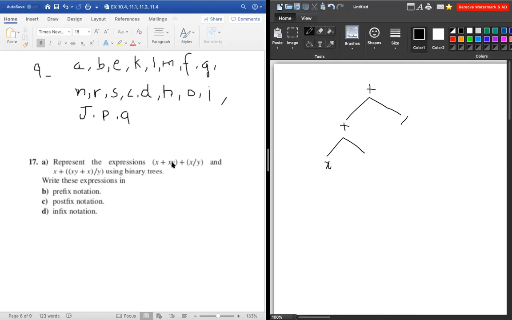Now this one here is a multiplication, so I will just put on a multiplication sign. This is not x, this is multiplication. And then we have this xy here, x and y.